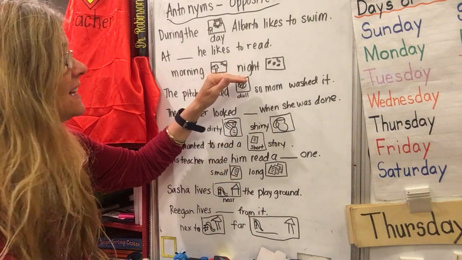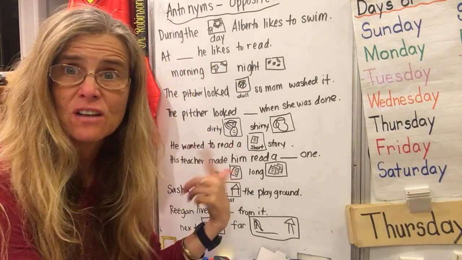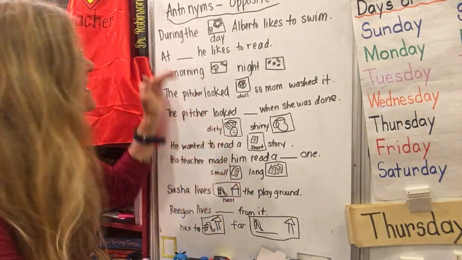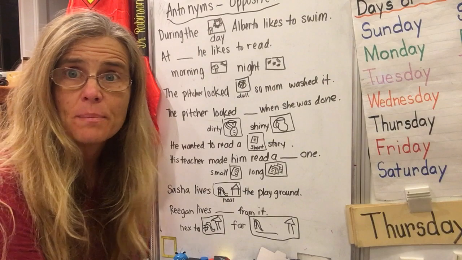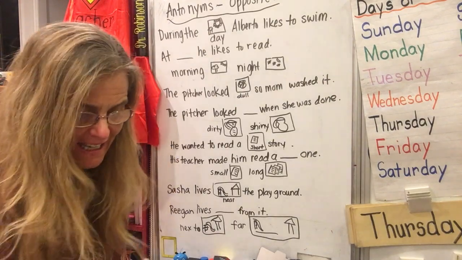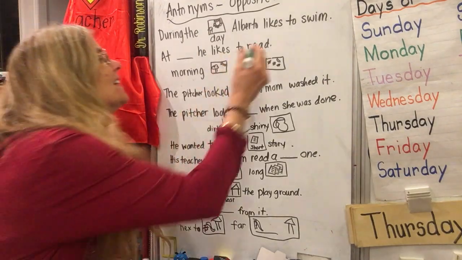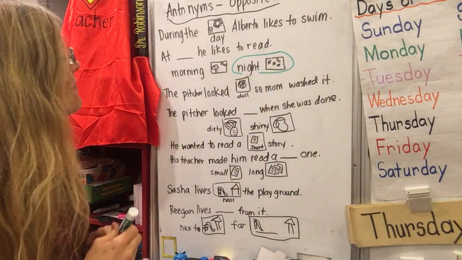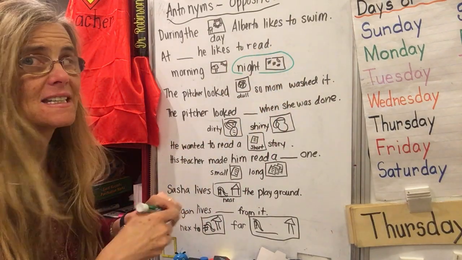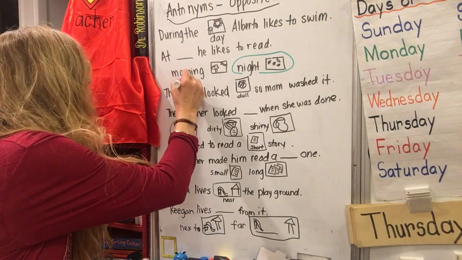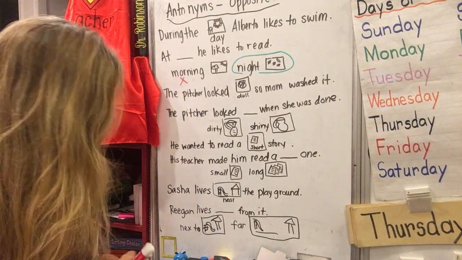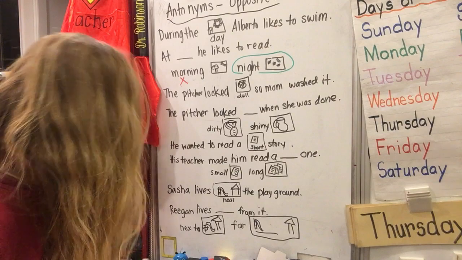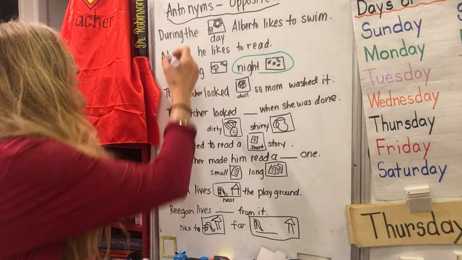At night, he likes to read. Does that sound like how we talk? It does. And is night the opposite of day? Yes, it is. So let's put a ring around the night. At night, not the morning, at night, he likes to read.